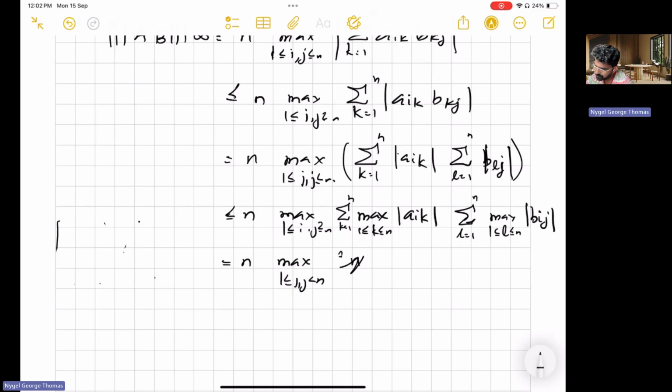Yeah, correct. This will be something like this. Sigma over all n of the max over 1 ≤ i ≤ n of a_ik.